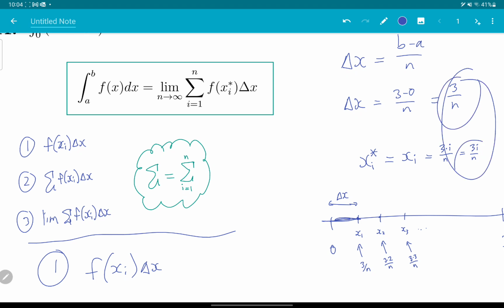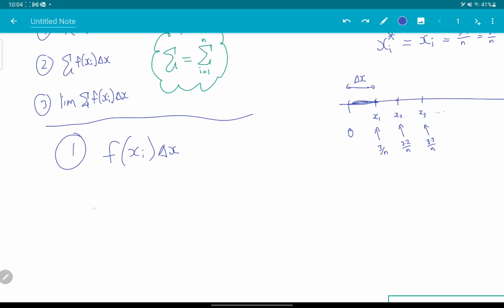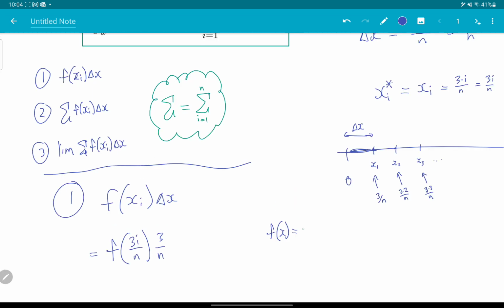So I'm going to be using these two numbers here. So I get f of 3i over n times 3 over n. Now my function is, let's recall here, f of x is x cubed minus 6x.